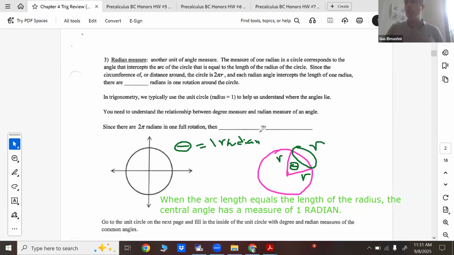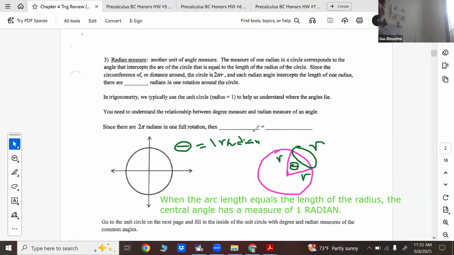Now this is where I use some proportional reasoning. A full circle, what's the distance of a full circle in terms of r? 2 pi r. And how many degrees is that? Good. And for the arc, that's 1 radian, and that's r.